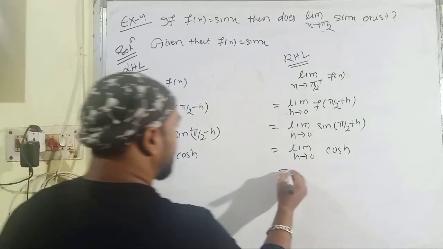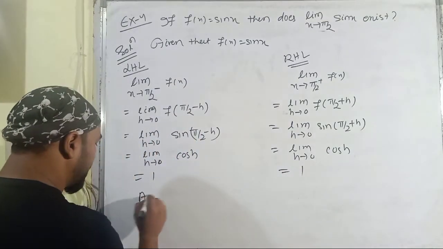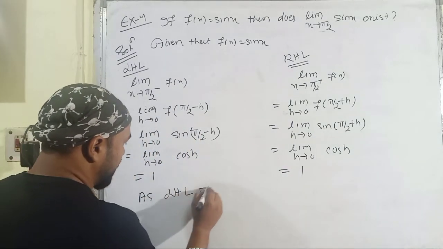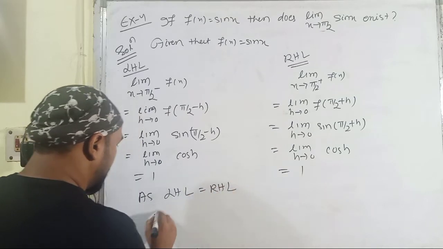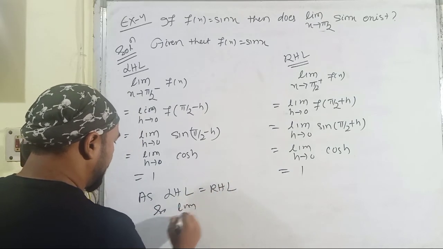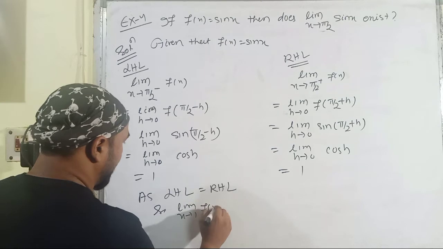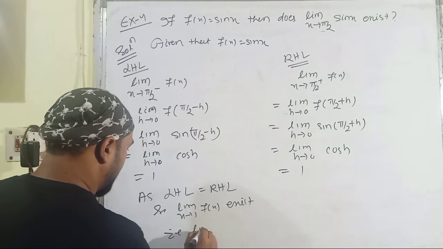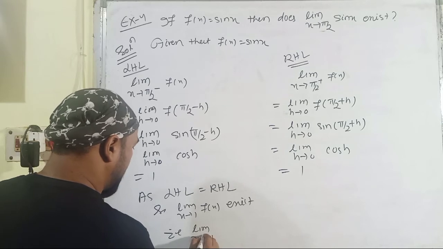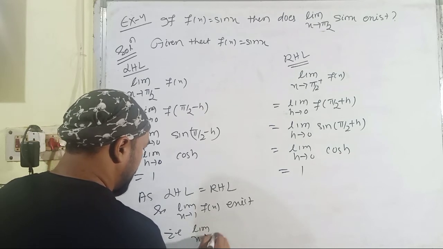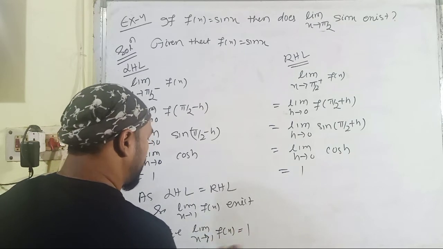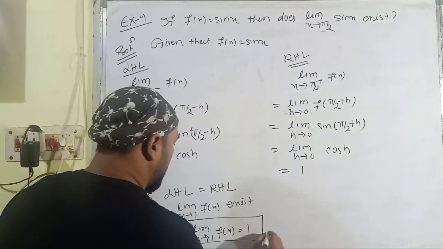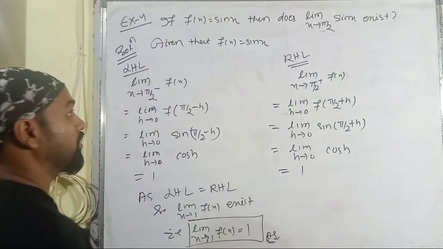As the left hand limit is equal to the right hand limit, the limit of f of x exists, that is, limit of f of x is equal to 1, and this is the complete answer for problem number 4.